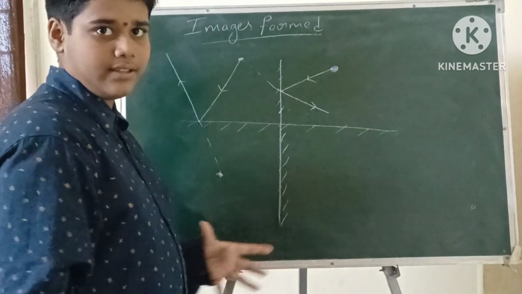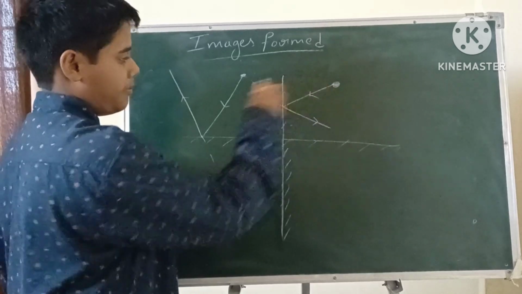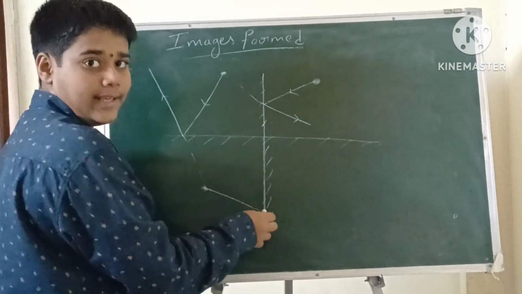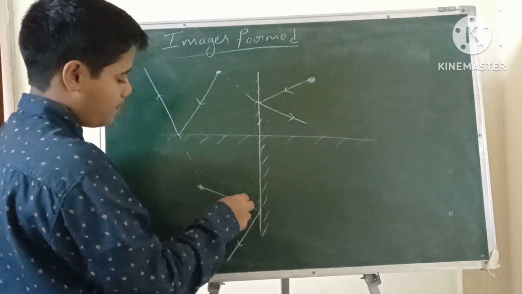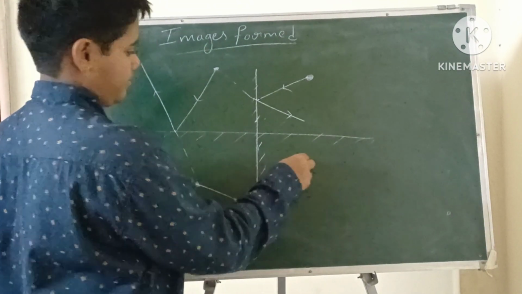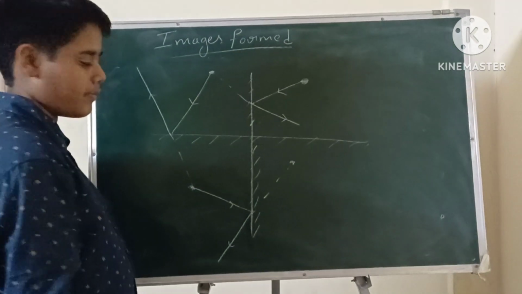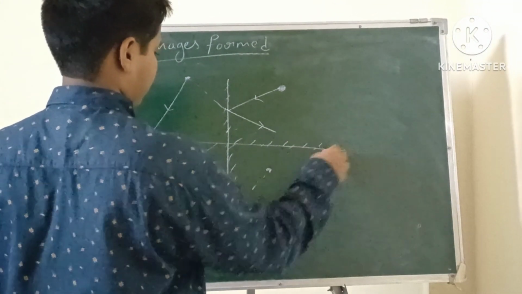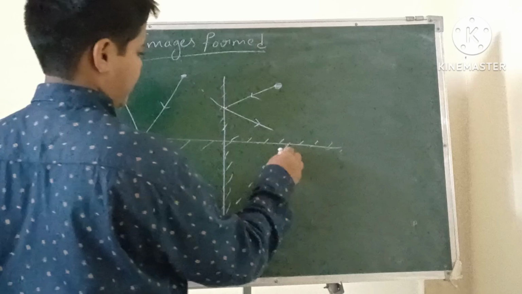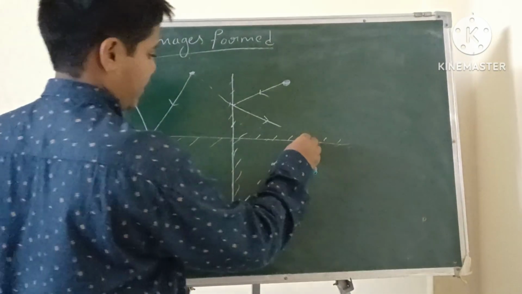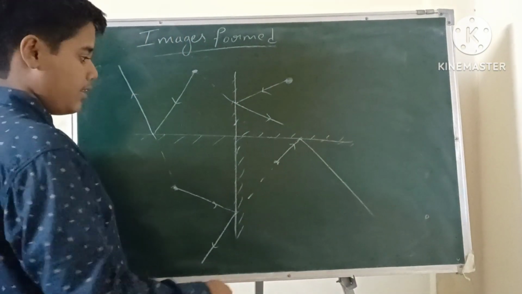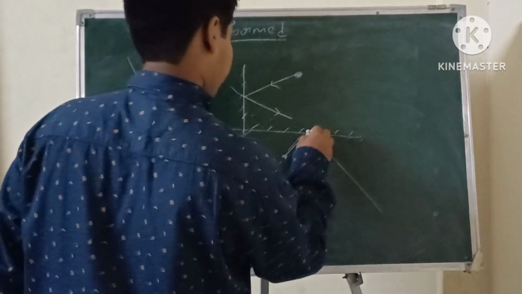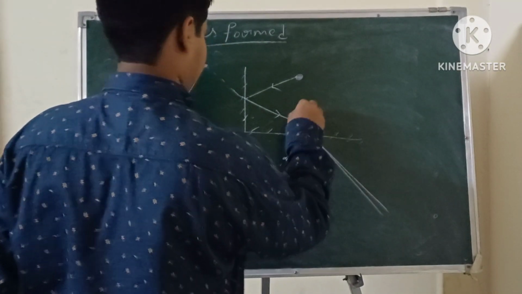Here we have to take it like this. So in this, two images are formed. Again, when the incident ray falls and the reflected ray also, images are formed in this. And when the incident ray falls on this and the reflected ray also, an image is formed like this.